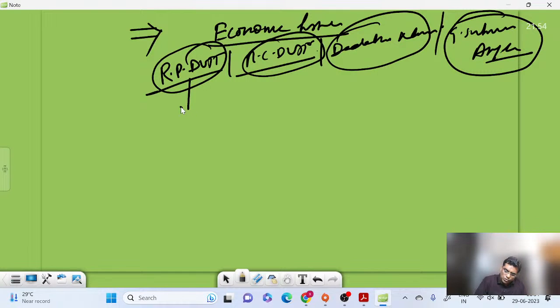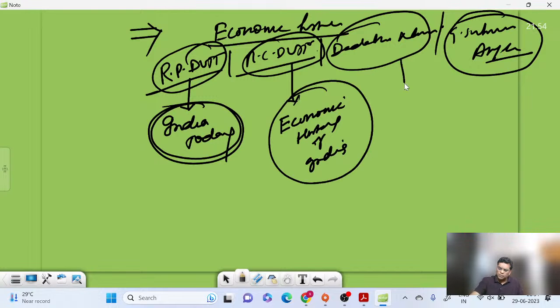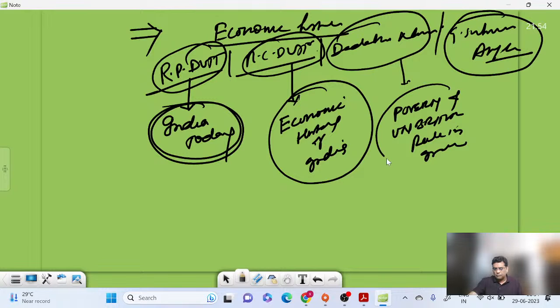R.P. Dutt wrote India Today. R.C. Dutt wrote Economic History of India. Dadabhai Naoroji wrote Poverty and Un-British Rule in India.